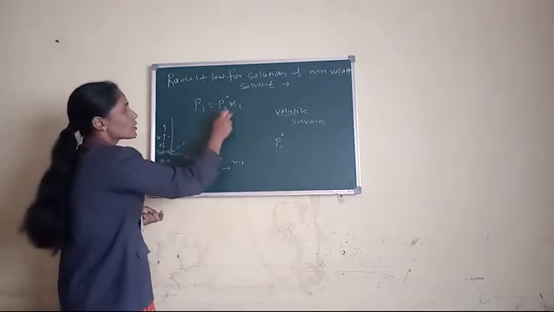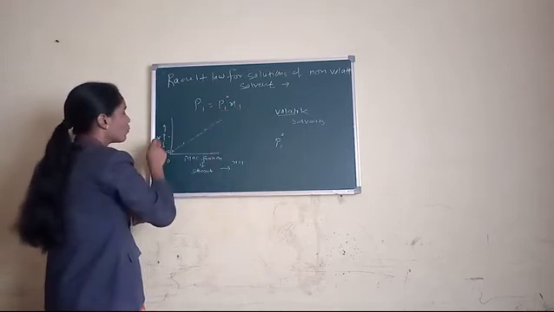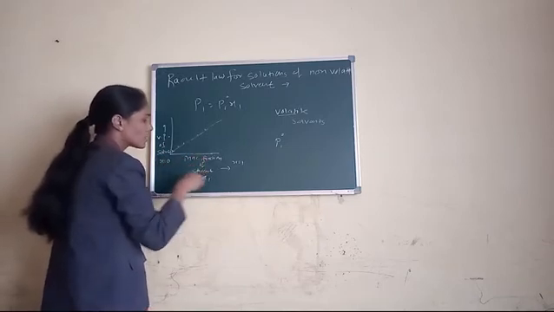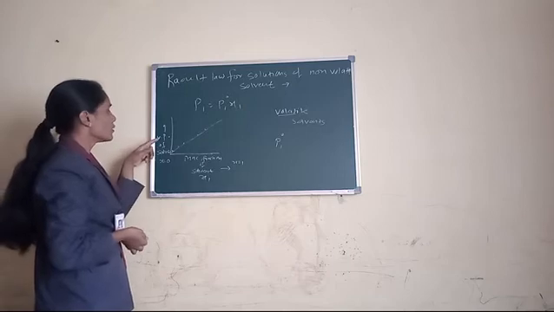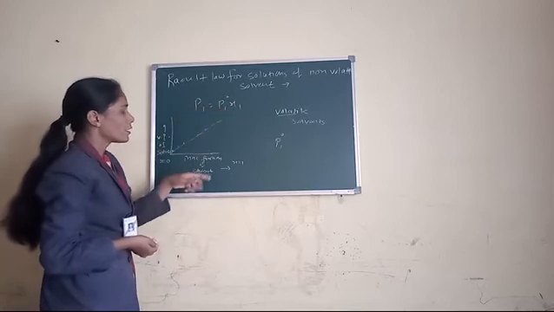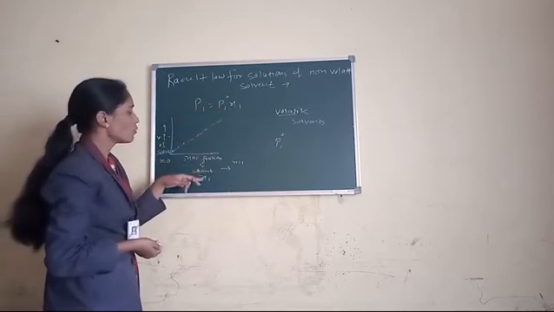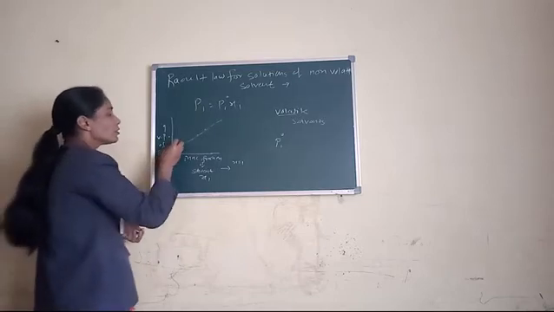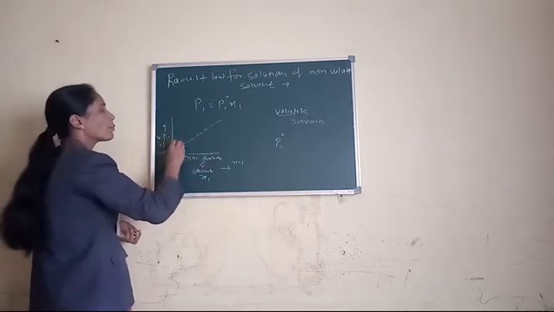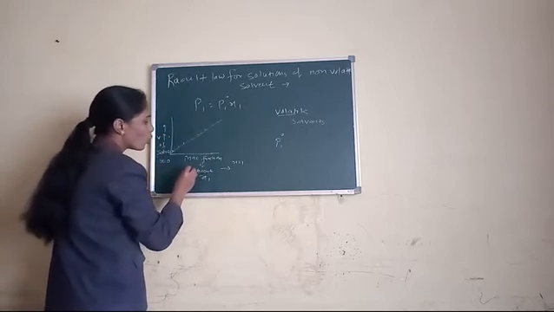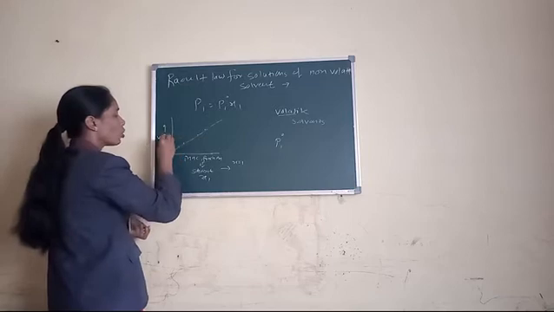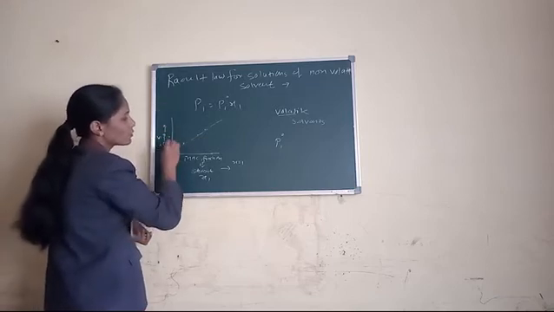From this statement, consider the graph of vapor pressure of solvent against mole fraction of solvent, X1. On the y-axis is the vapor pressure of the solvent, and on the x-axis is X1, the mole fraction of the solvent. When volatile solvent is added to the solution, the vapor pressure increases, so the vapor pressure depends on the mole fraction.